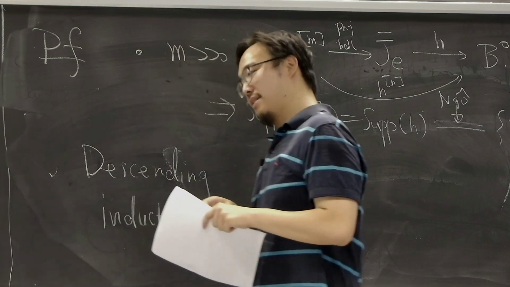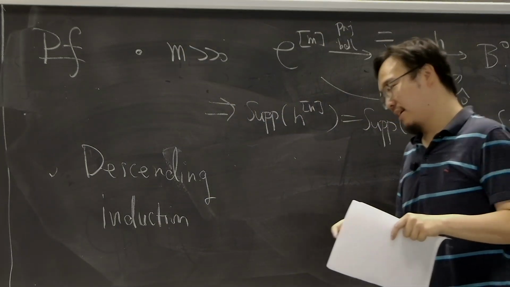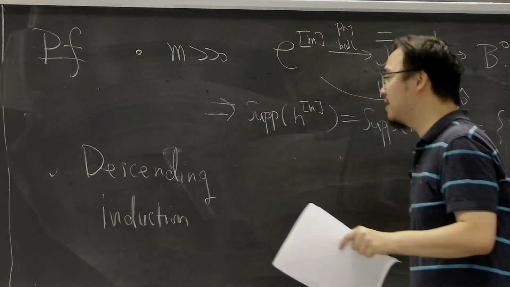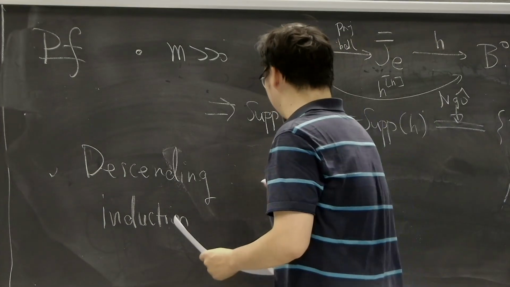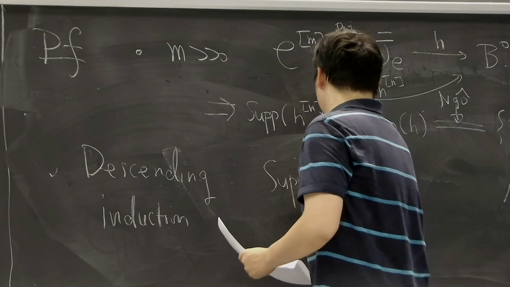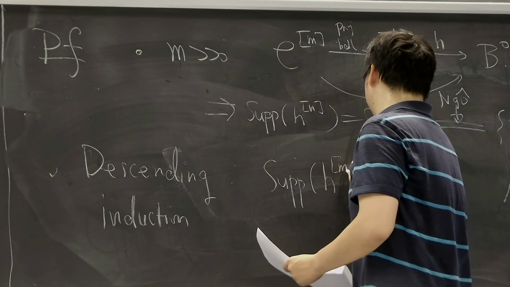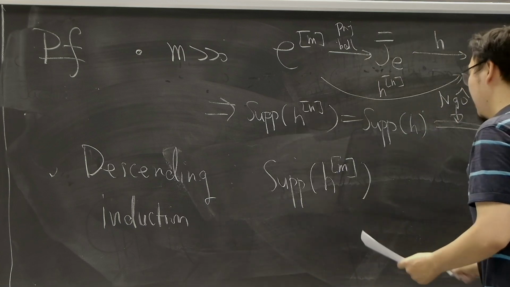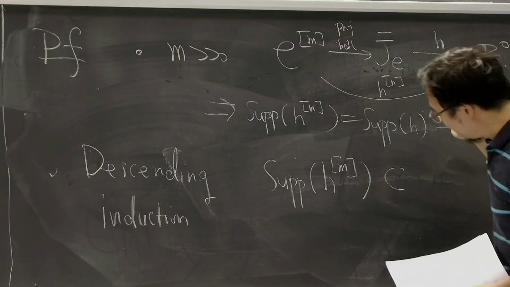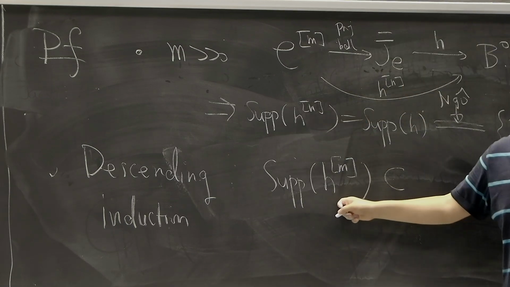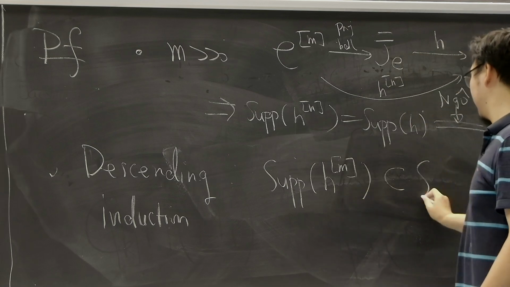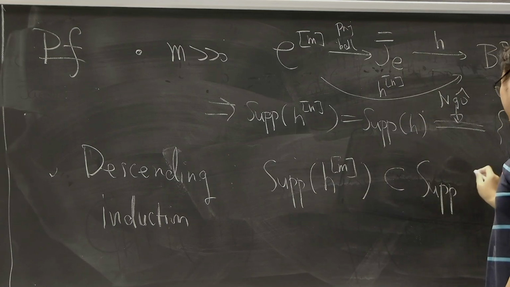By analyzing the incidence of the correspondence, one can show that every support which shows up for HM will actually show up for HM plus 1.